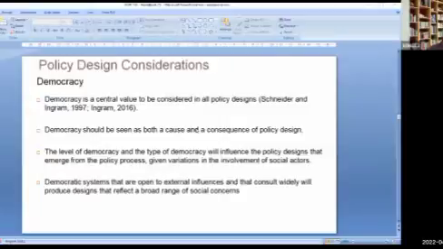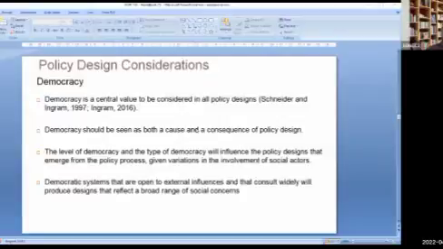Because in a democracy, you want to at least be seen to be considering the populace, and possibly your immediate democratic context. So it's both a cause and a consequence.